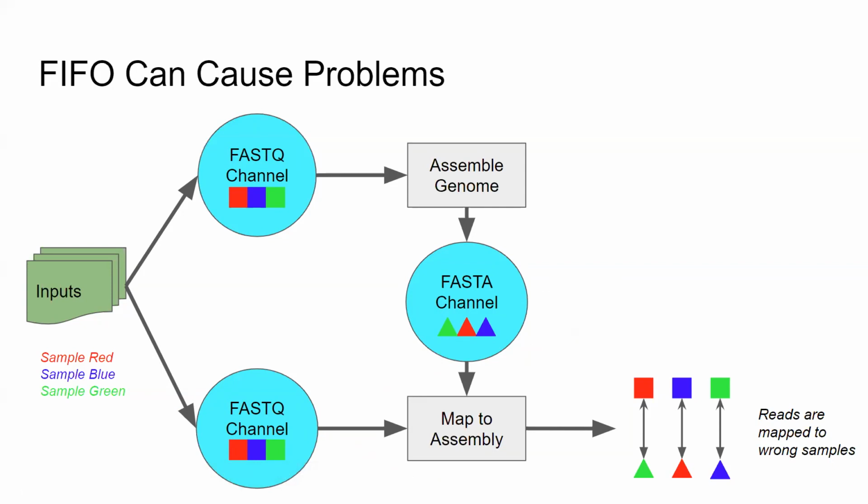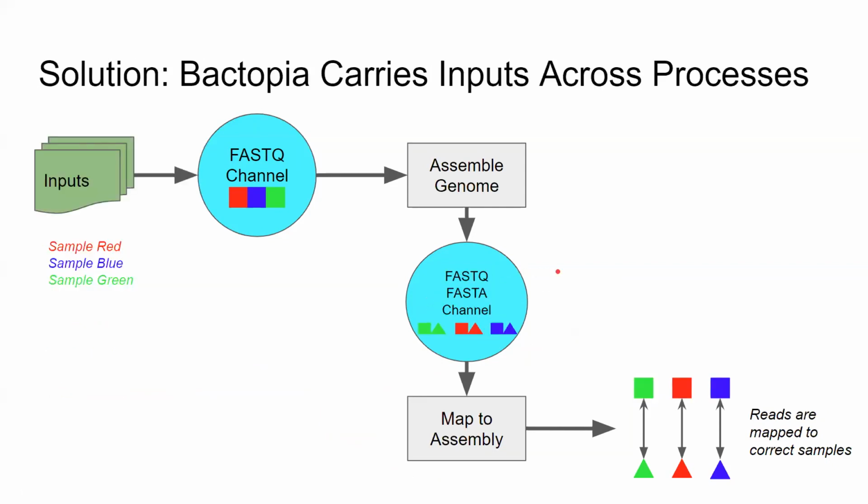Well, that's the problem. What ends up happening is you have to carry these channel inputs across processes so that they stick together throughout the pipeline, which is kind of a hassle, but for paranoid people like me, it's refreshing to know that X, Y, and Z are sticking together throughout the pipeline.